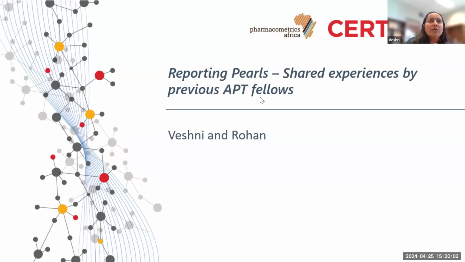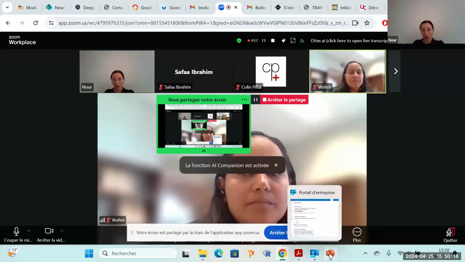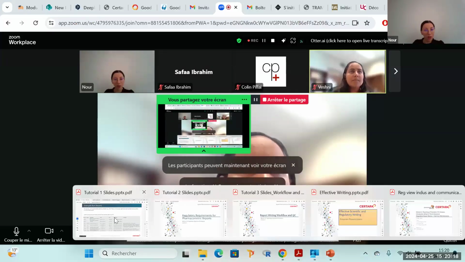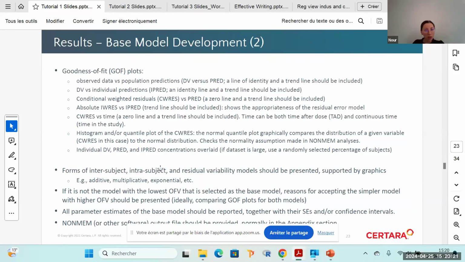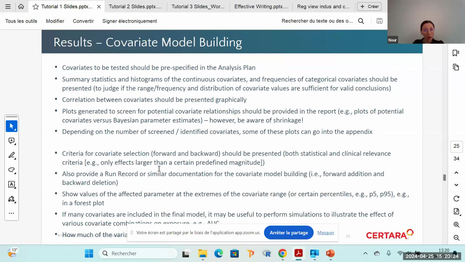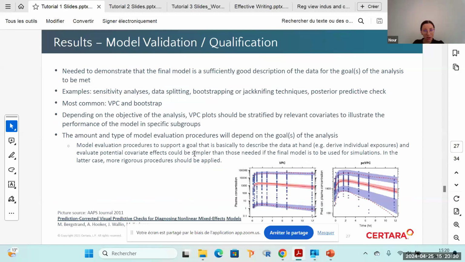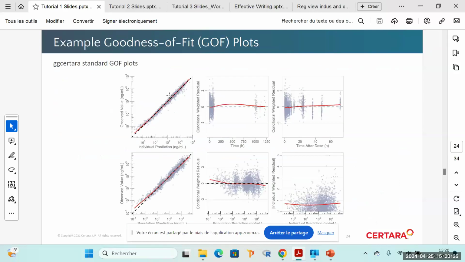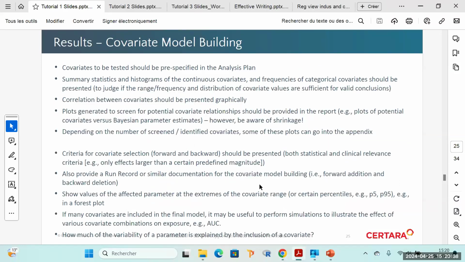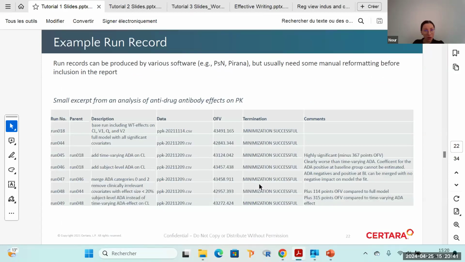Noor, you want to try? Maybe you're trying to find it in the presentation. You want me to share the presentation? Maybe you can find the points that Safa is talking about. Yeah, you're welcome to pop the slide up again. Which detail are you talking about, Safa? It was in one of the slides.